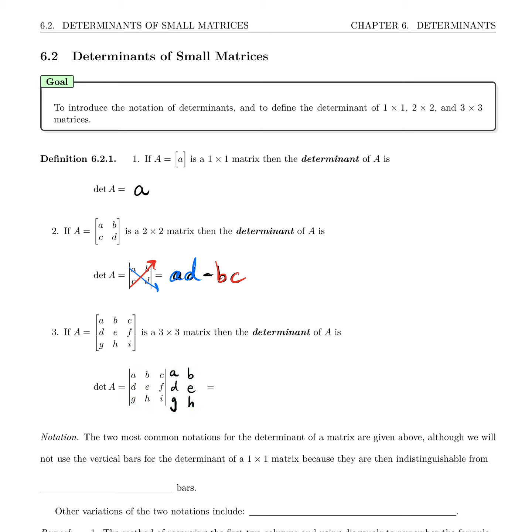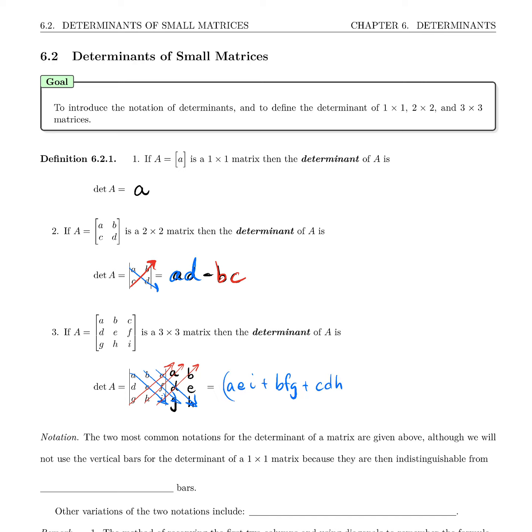And now what I'm going to do is something very similar to number 2. We're going to take down products, but there's going to be 3 diagonal down products. And we're also going to have up products, but there's again going to be 3 diagonal up products. So now we take the sum of those diagonal down products: AEI plus BFG plus CDH.